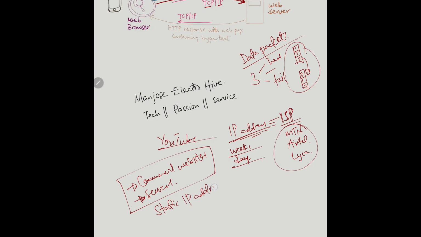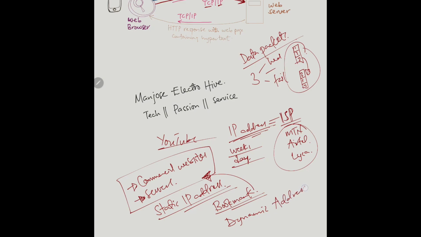This ensures that whichever time you come back, or when you save a bookmark on your browser and click on it again, you can go back to that exact website you bookmarked.